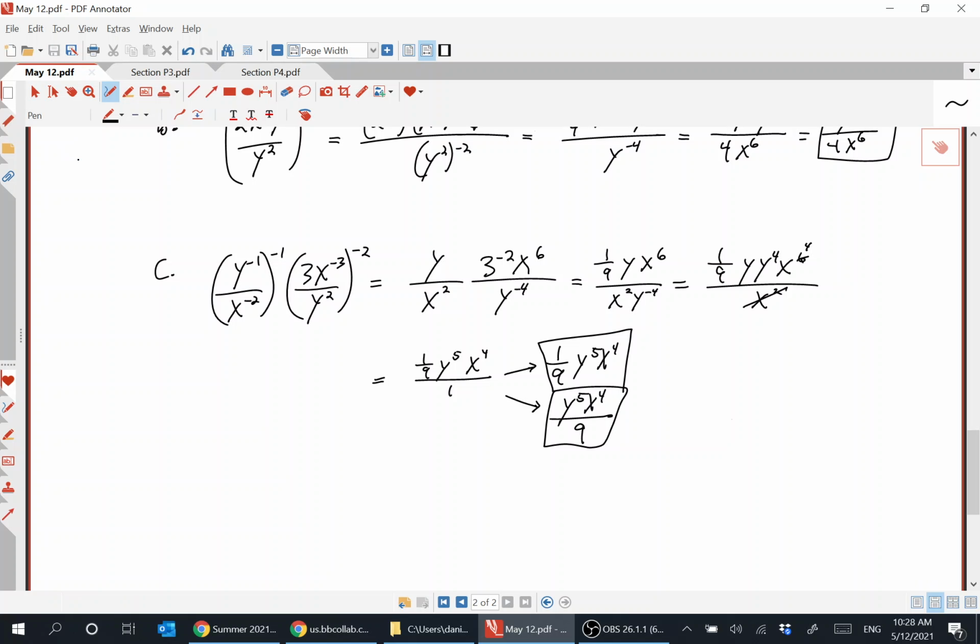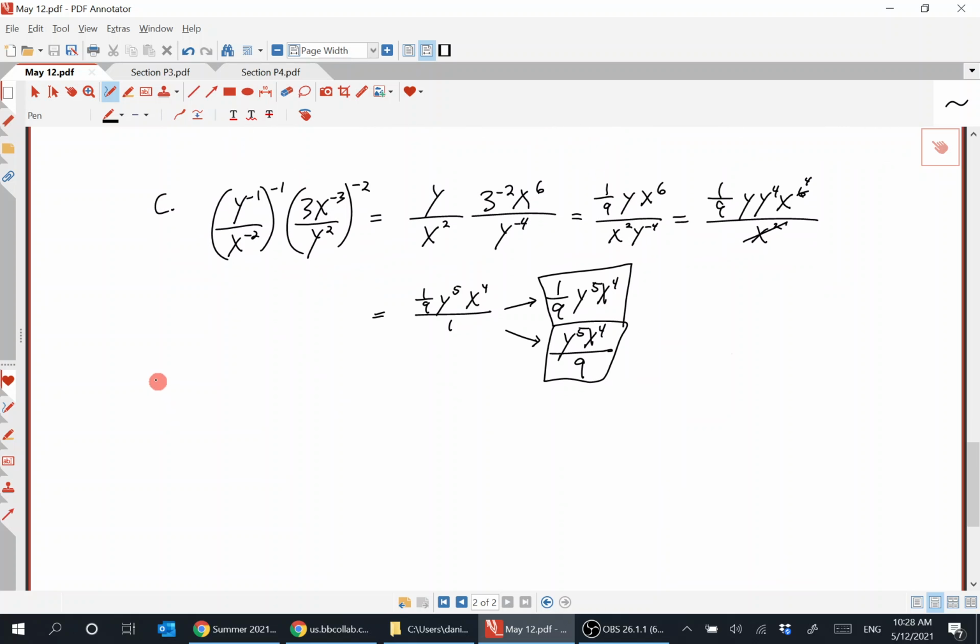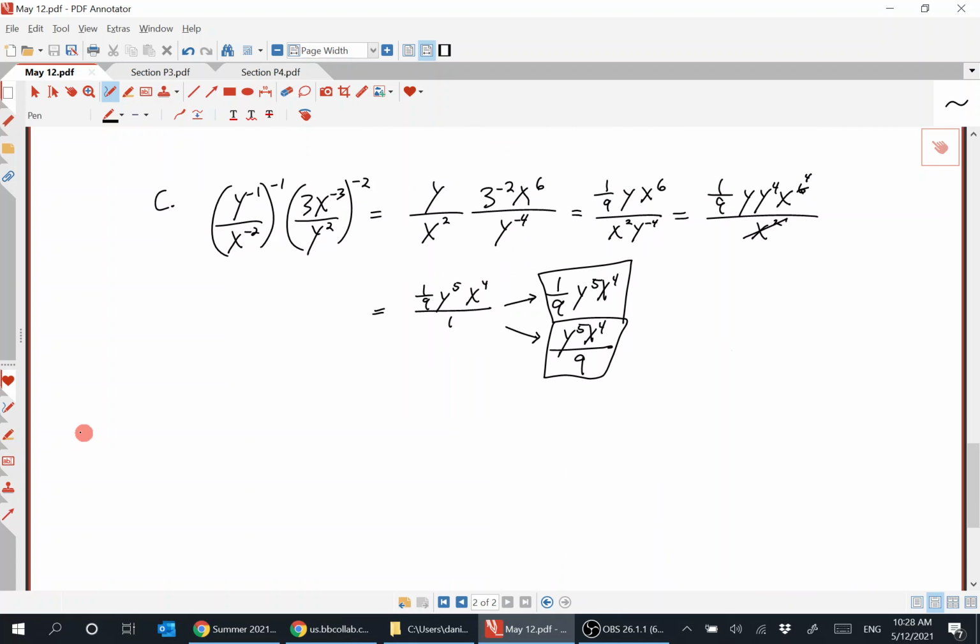Okay, so for number 32, let me start that one off for you. This is one that you need to hand in. But let's start it off. Here is a start.